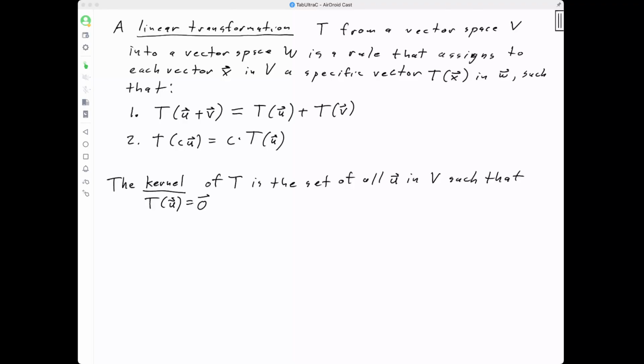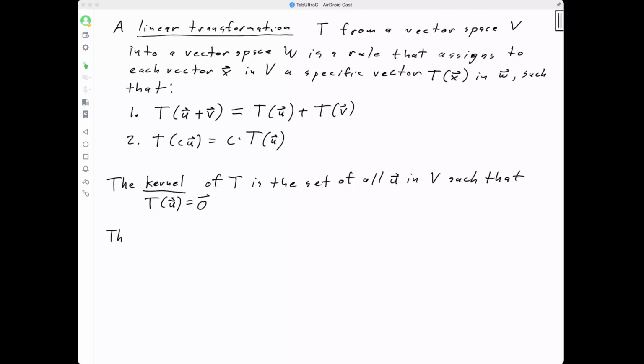So this is the idea. The kernel is kind of like the null space. In fact, sometimes it's called the null space of the linear transformation, but usually we use the word kernel when we're talking about a linear transformation. So it's all the things that get turned into the 0 vector when you apply the linear transformation.